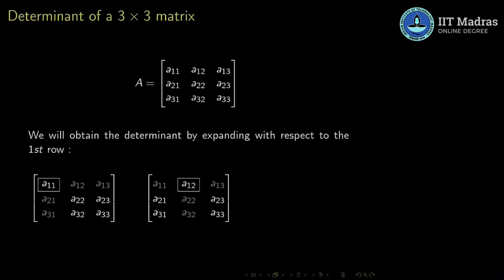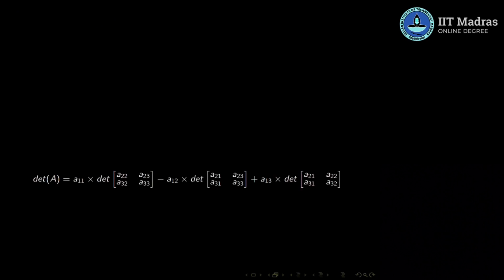We do not look at the other two entries in the first row and we do not look at the other two entries in the second column. And similarly, we look at A13 and we neglect the entries in the first row and the third column. Okay. So, keep this picture in mind as we go ahead. What do we do with these entries? The determinant of A is this rather strange looking expression.